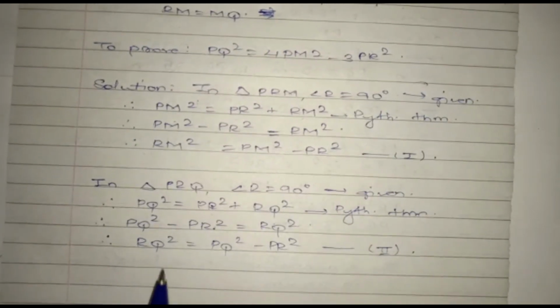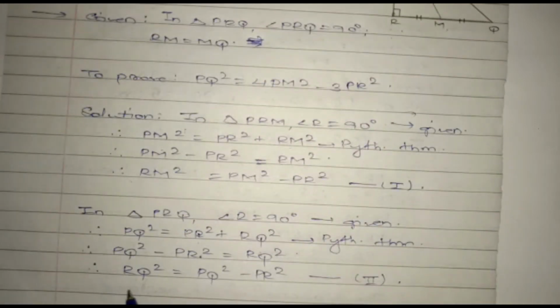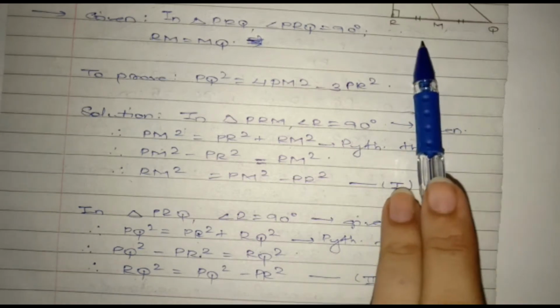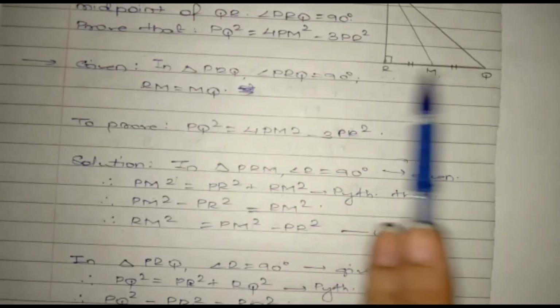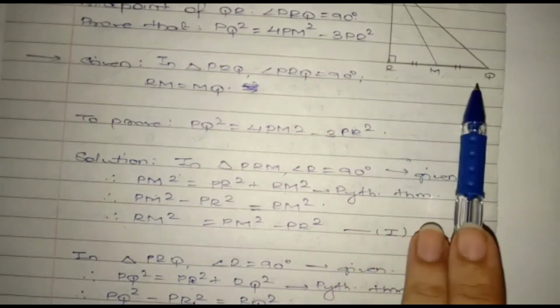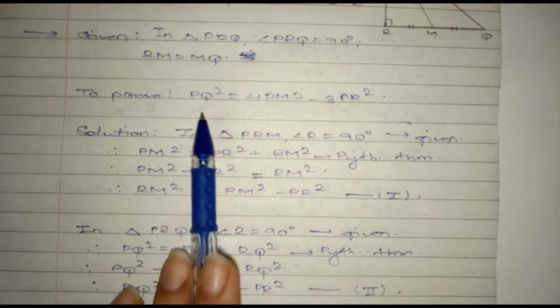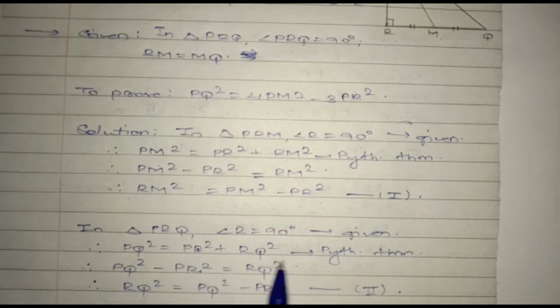Now we can see that RQ is divided in two parts, RM and MQ. We won't write these two terms because we need PQ square alone on the left hand side. So we will keep this term as it is.